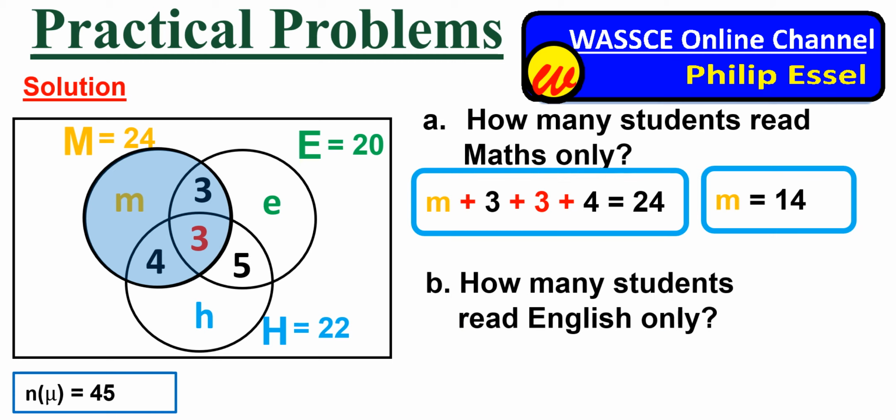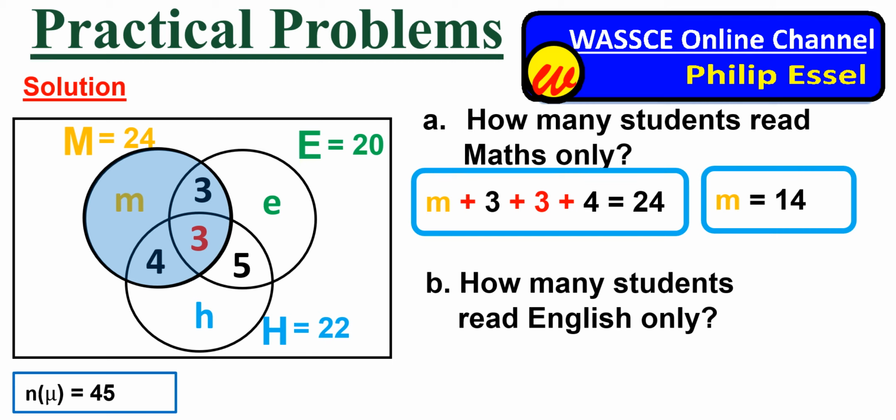Let's look at the second question. How many students read English only? Again, we've represented English only by the variable small e. So we'll look for a mathematical relationship in which we will find the variable e.